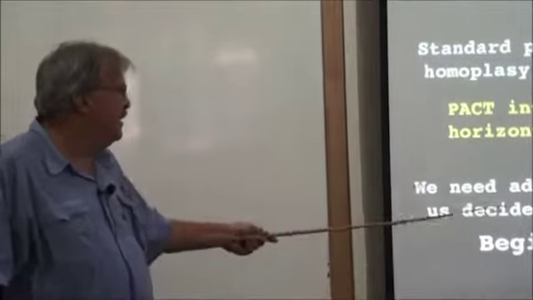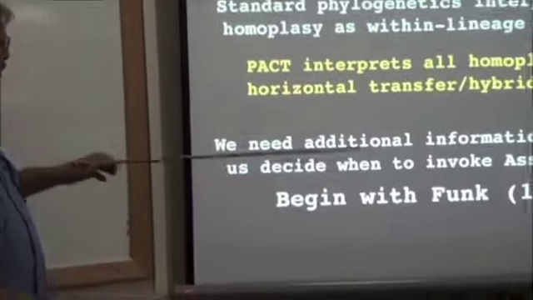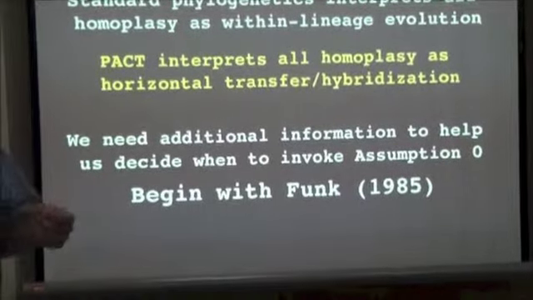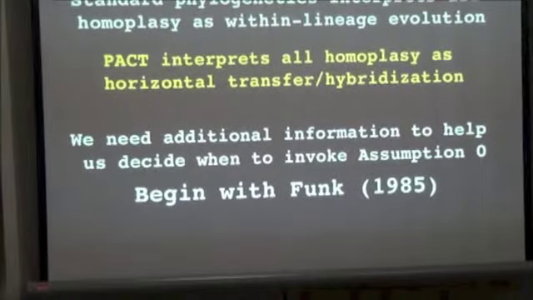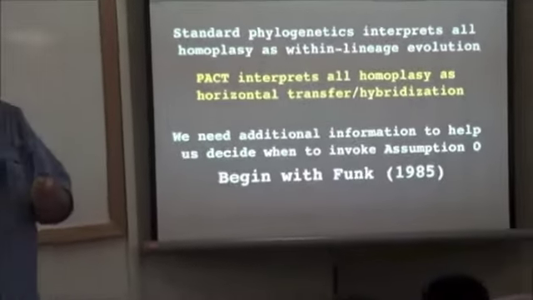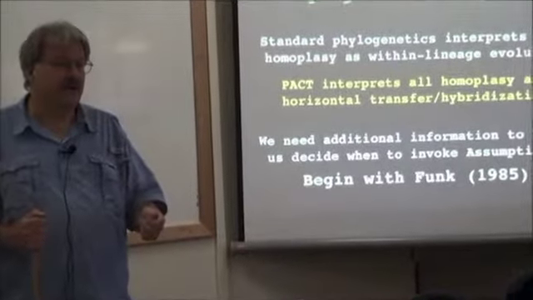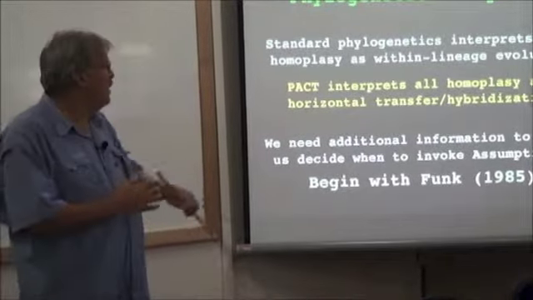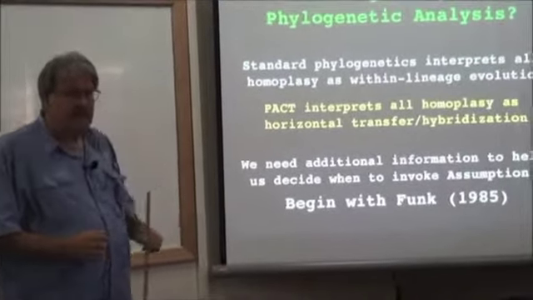We need additional information to decide when we use assumption zero. If we invoke assumption zero, we're saying that it's hybridization. We're saying that it's horizontal transfer. If we don't invoke assumption zero, we're saying this. Okay?